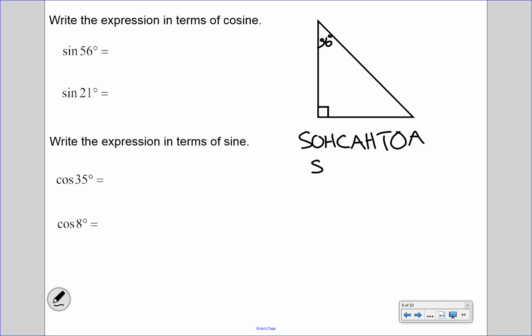Our sine is equal to our opposite over our hypotenuse. In this triangle, we're going to call the side opposite our angle the red side. So this is going to equal our red side, and then we're going to make our hypotenuse our blue side.